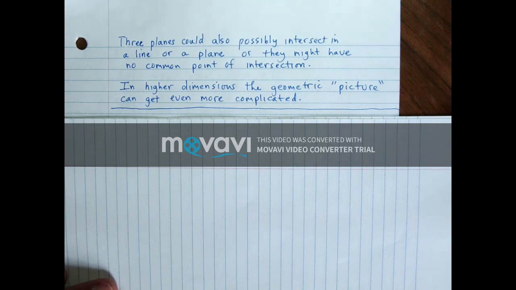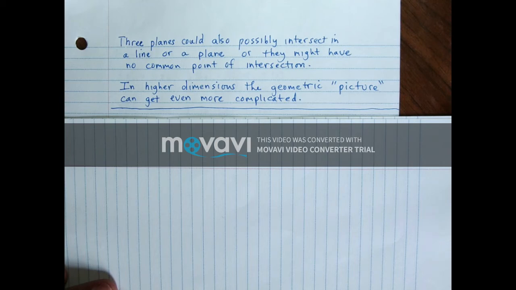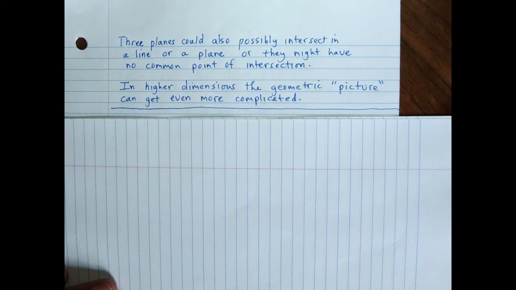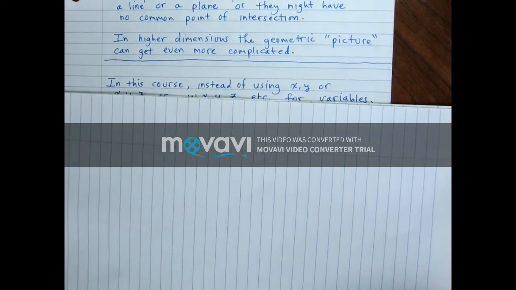They could intersect in one point, but they could also intersect in a line, a common line to all three, or all three planes could coincide, kind of like two lines coinciding in 2 dimensions. So there are more complicated situations is the point I'm trying to make here. And as we move to higher and higher dimensions, the geometric picture can get even more complicated. And how we interpret that is one item that we'll address in this course.